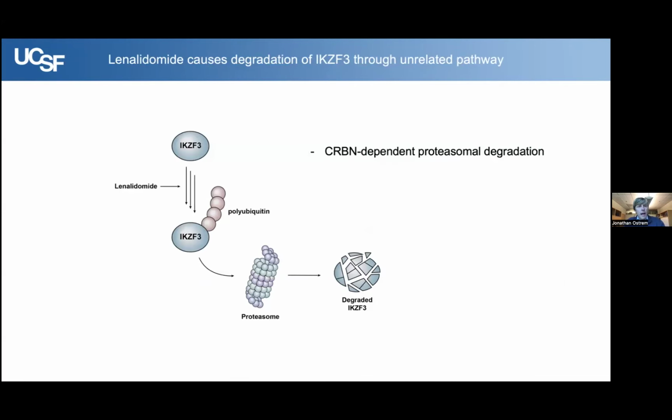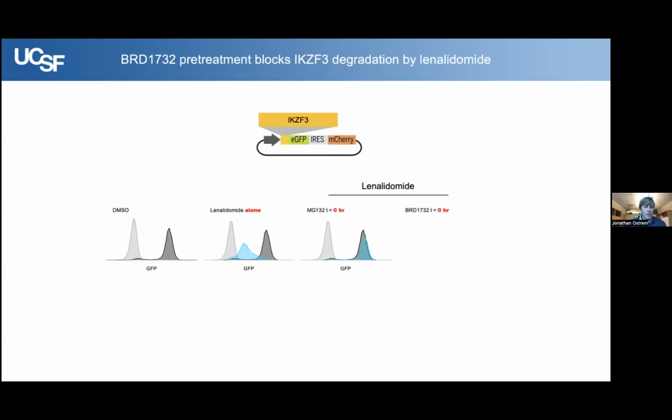And to try to answer that, we used the classic system of lenalidomide-induced ubiquitination and degradation of IKZF3, which is cereblon-dependent proteasomal degradation. We used this reporter system from Ben Ebert's lab, which is IKZF3 fused to GFP with an internal ribosomal entry site, followed by mCherry.